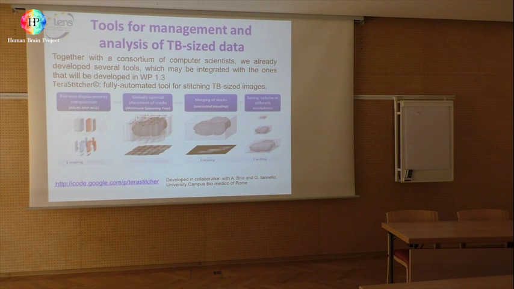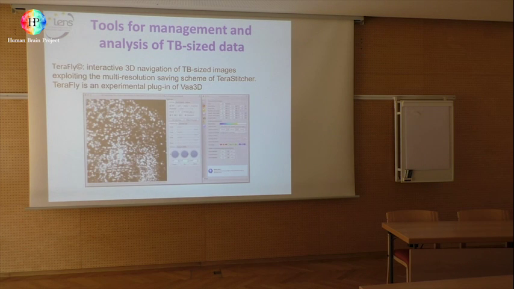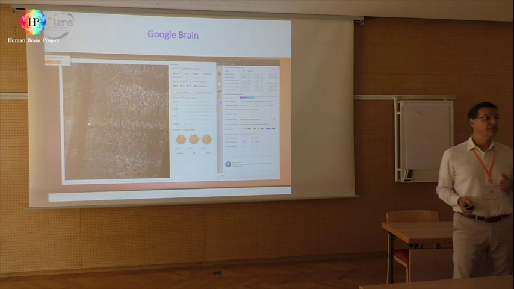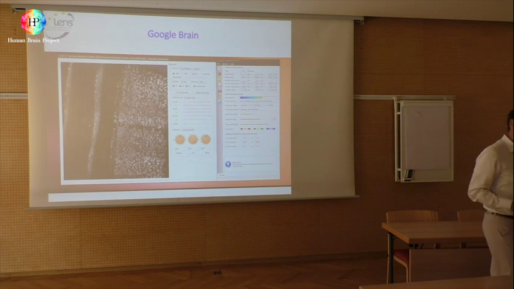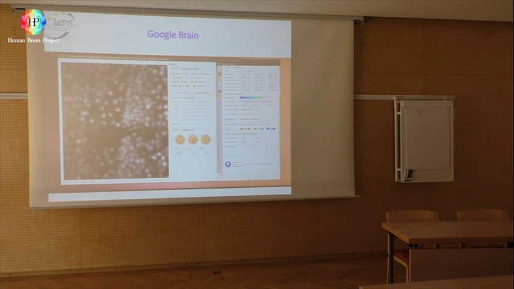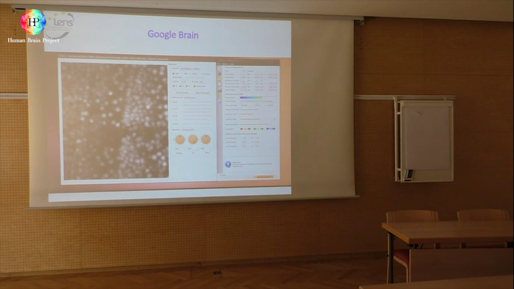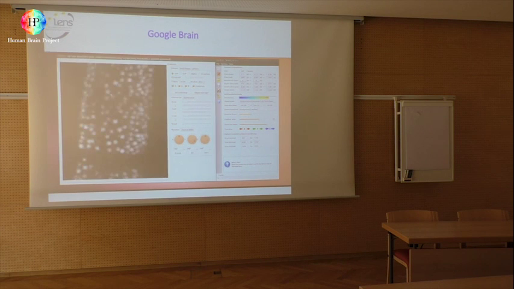So you cannot do it manually, and then you have to navigate and stitch and navigate. We developed, for example, a Google Brain software, which is inspired by Street View. It uses exactly the same algorithms as Street View, okay? And then you can navigate into the brain, you can click twice, change the direction, change the navigation path, and so on.